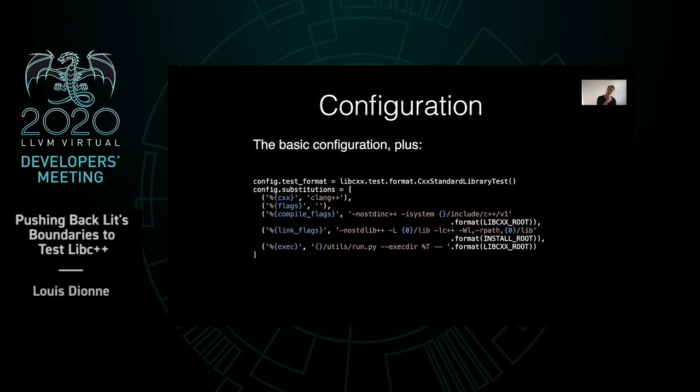And then there's the compile flags, which are just the compilation flags, the link flags, which are just the linker flags, and then %exec, which is basically a script that should be able to run an executable, which by default basically should be just run.py, which simply executes the file, right here, on this machine.